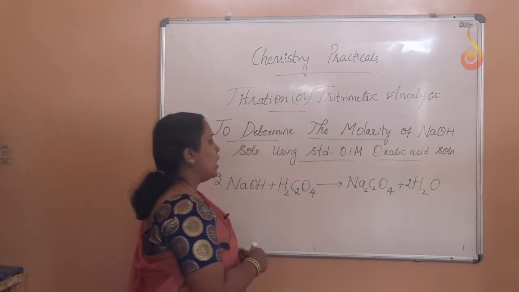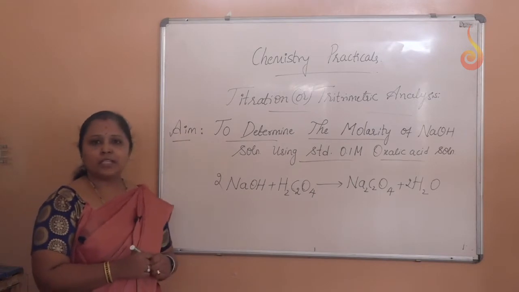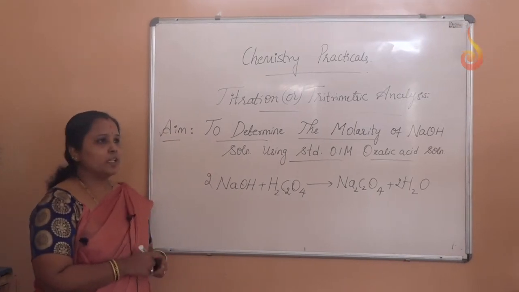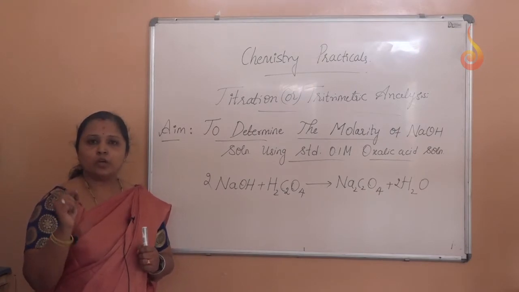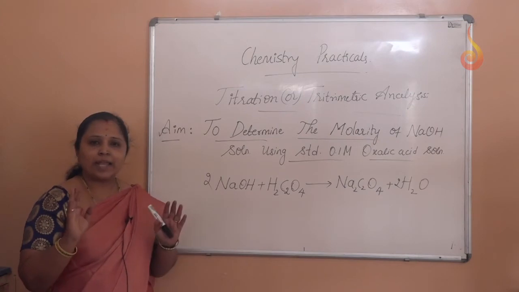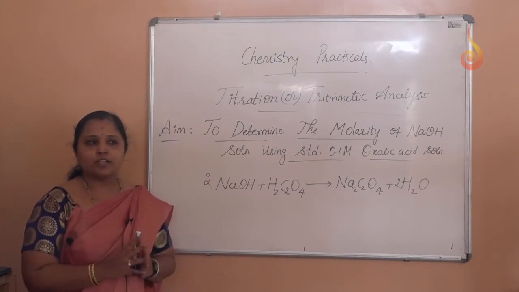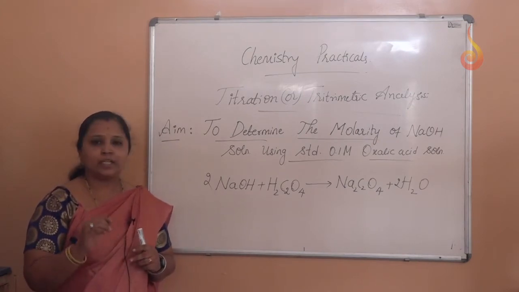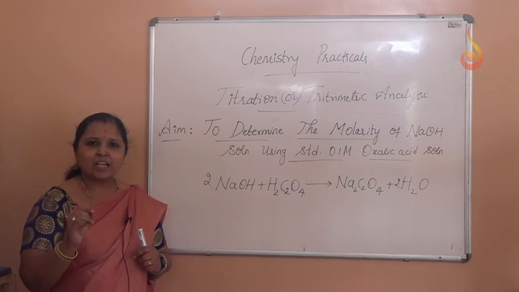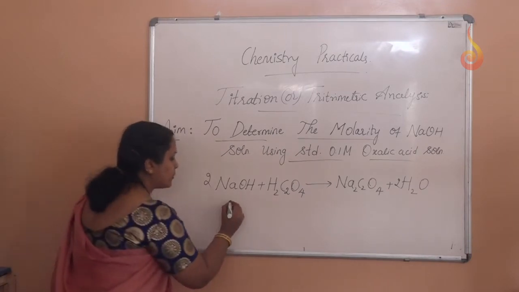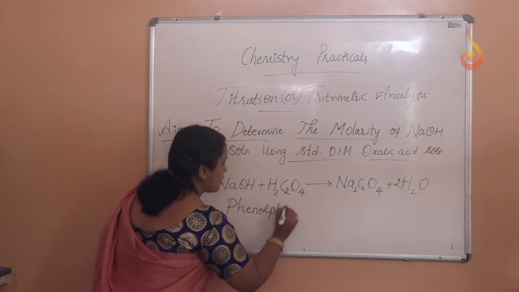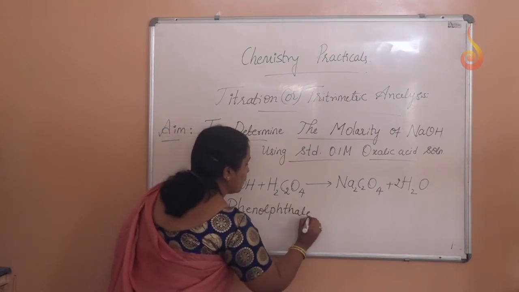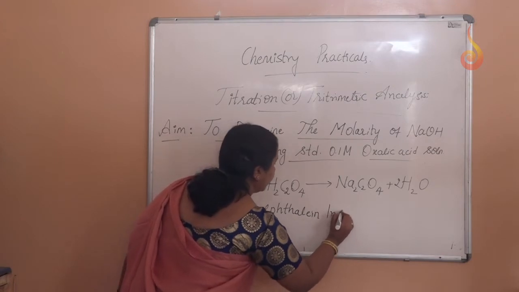Now we will see what is the procedure for it. We are going to fill the burette with sodium hydroxide solution and pipette out exactly 10 ml of oxalic acid solution into a clean conical flask. Add 2 or 3 drops of phenolphthalein indicator.